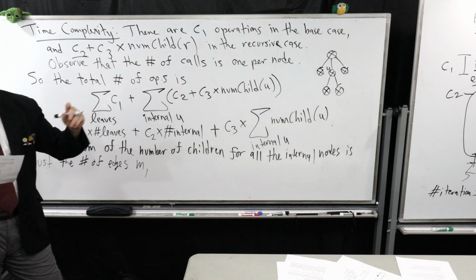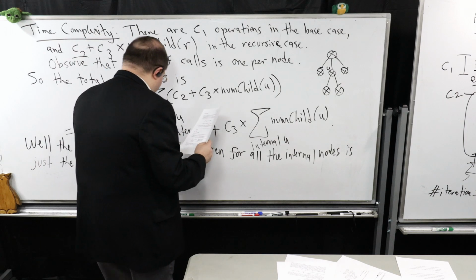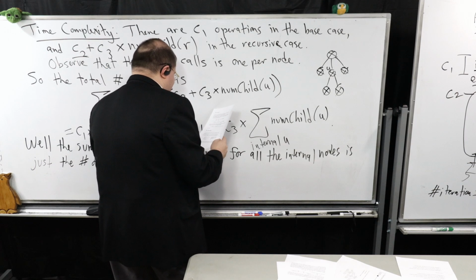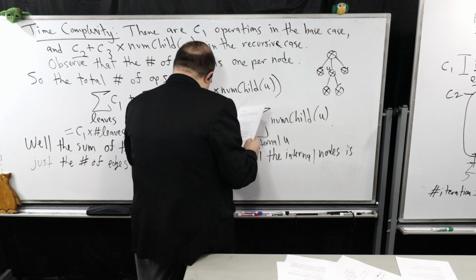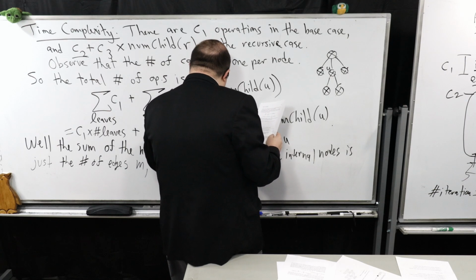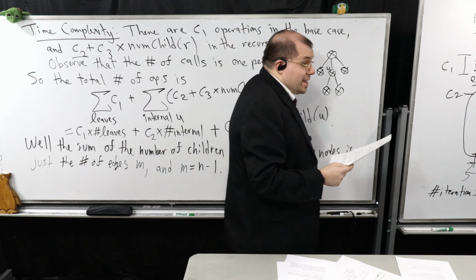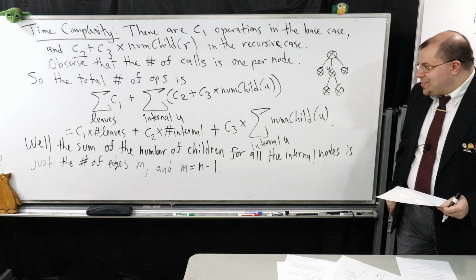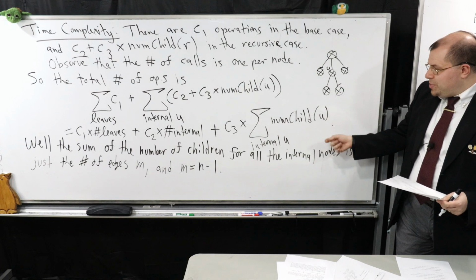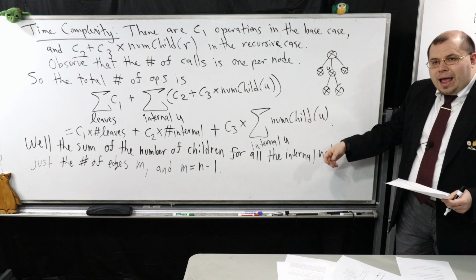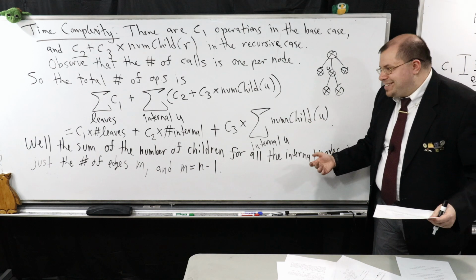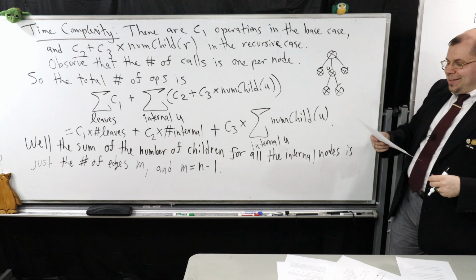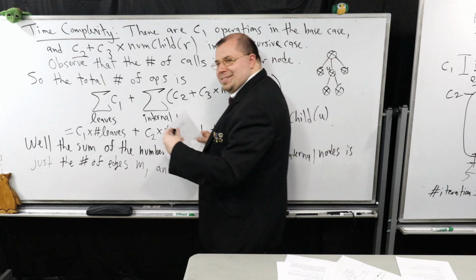And using the tree property I showed you earlier, we know that m is equal to n minus 1, which came up in the chat earlier. So now I have a relationship between the number of children and the number of nodes in the tree. So now I can simplify this down.